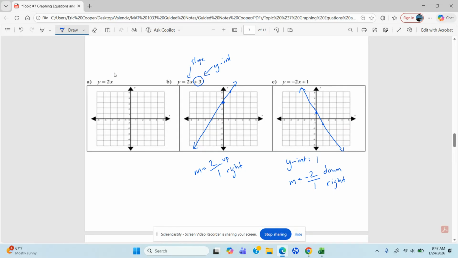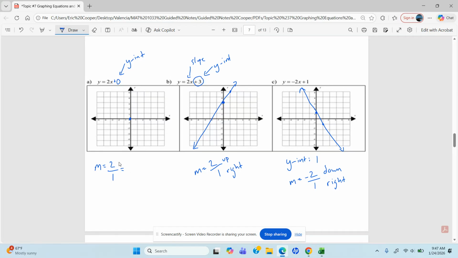Now, the only thing different about A compared to when you see B and C is that there's no number at the end. That means it's really like a plus 0. And the 0 is what we've been calling the y-intercept. So if there's no number at the end, that means our graph starts right in the middle at the origin. Our slope is still 2.